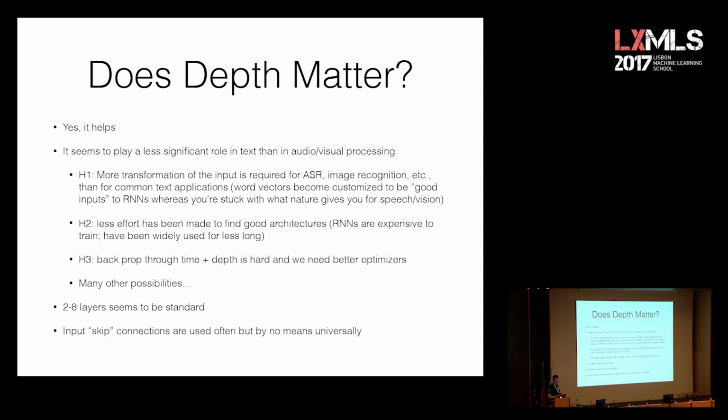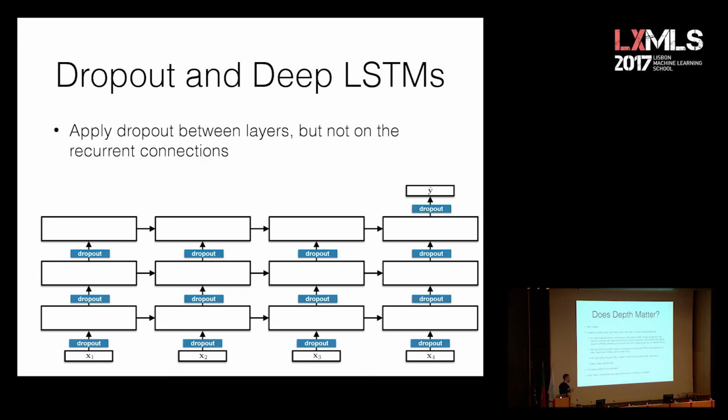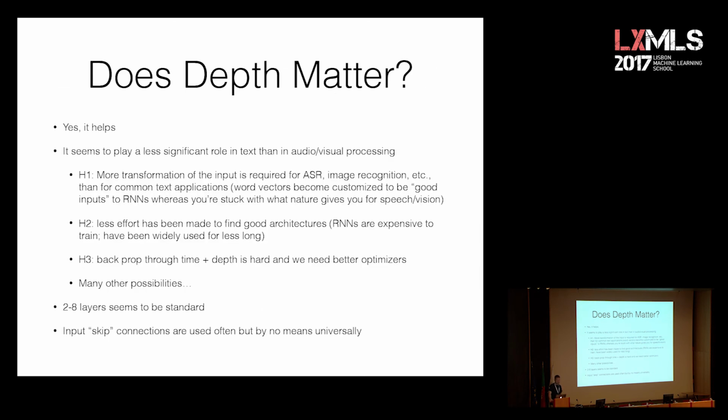So does depth matter? It kind of depends. It usually helps. I'll say it depends a lot on what the signal is that you're modeling. In text, it's often less important to have very deep models than it is for audio and visual processing, where it does seem to have a bigger impact.